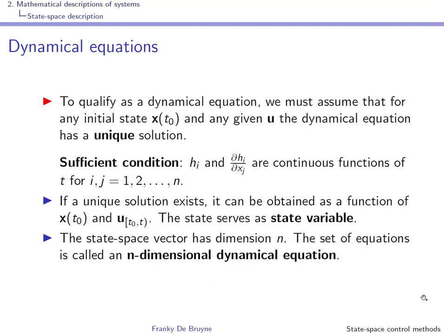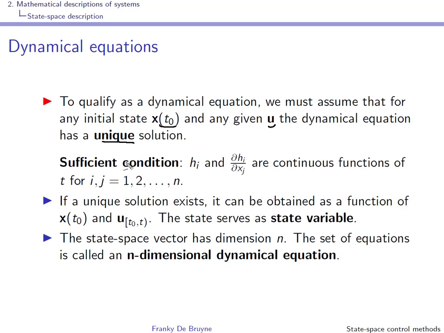In the state space description that we've seen earlier, we assume of course that for any initial state x(t0) and any given input u, the underlying dynamical state space equation has a unique solution.